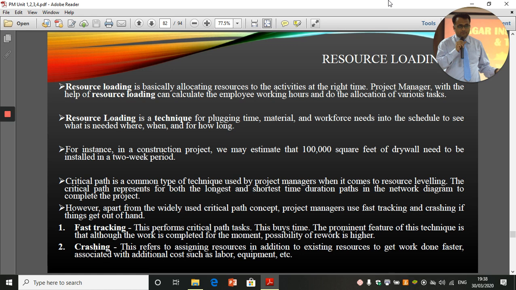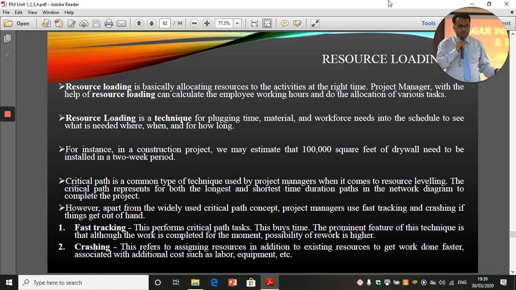Critical path is a common technique used by project managers when it comes to resource leveling. The critical path represents the longest time duration path in the network diagram to complete the project. However, apart from the widely used critical path concept, project managers use fast tracking and crashing if things get out of hand. Fast tracking performs critical path tasks in parallel, thus buys time.